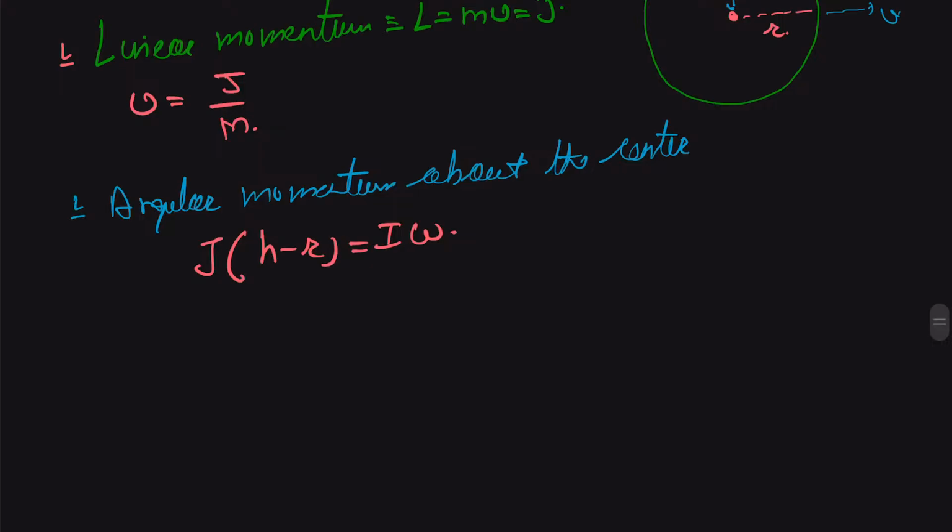And because the pool ball is a solid sphere, therefore we can write that the moment of inertia, the value of I, will be equal to 2 by 5 mr square.